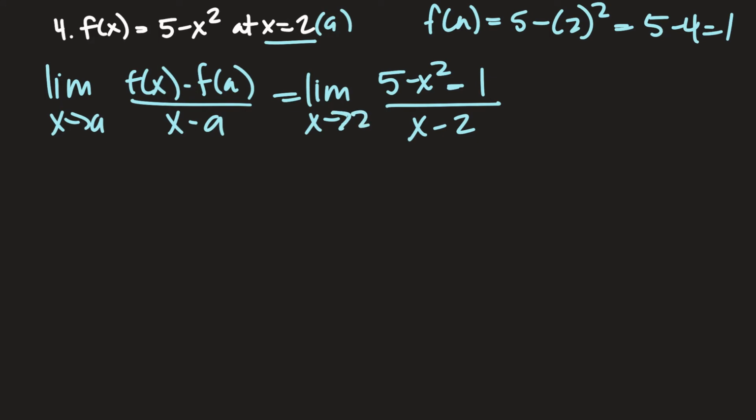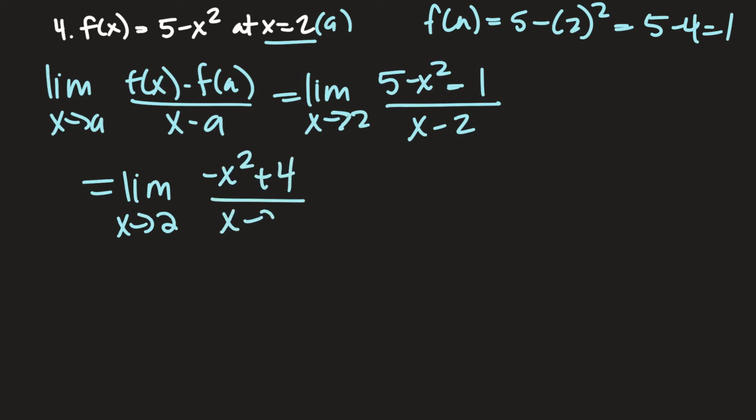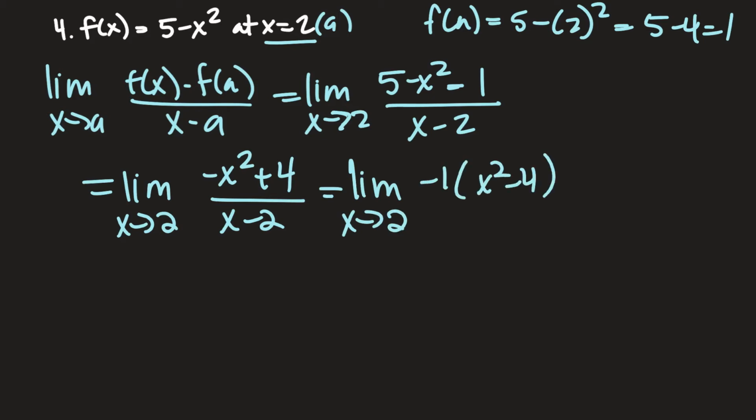Right? So then I have the limit as x approaches 2 of negative x squared plus 4 over x minus 2. So obviously I need to take a negative out in the top. So I have the limit as x approaches 2, negative 1 times x squared minus 4 over x minus 2.